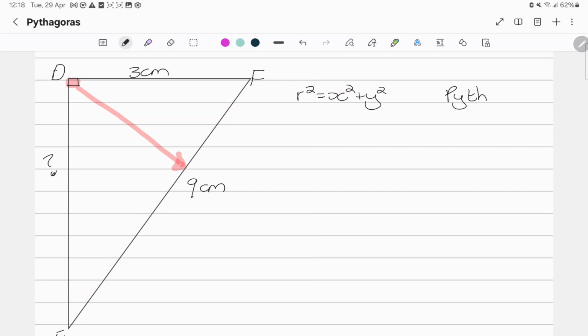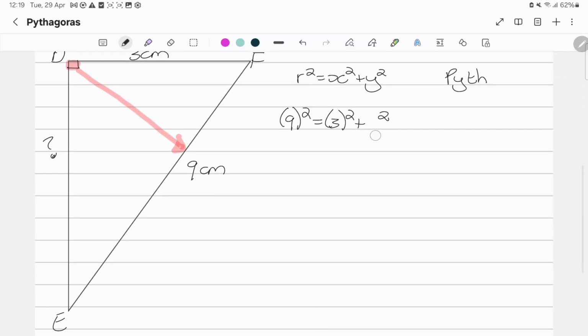Where is my hypotenuse? My hypotenuse is here where 9 is. So it means r is going to be 9. X is 3. I don't know what my y is. I want to calculate it. So I can either write y squared, or I can change it to DE squared.